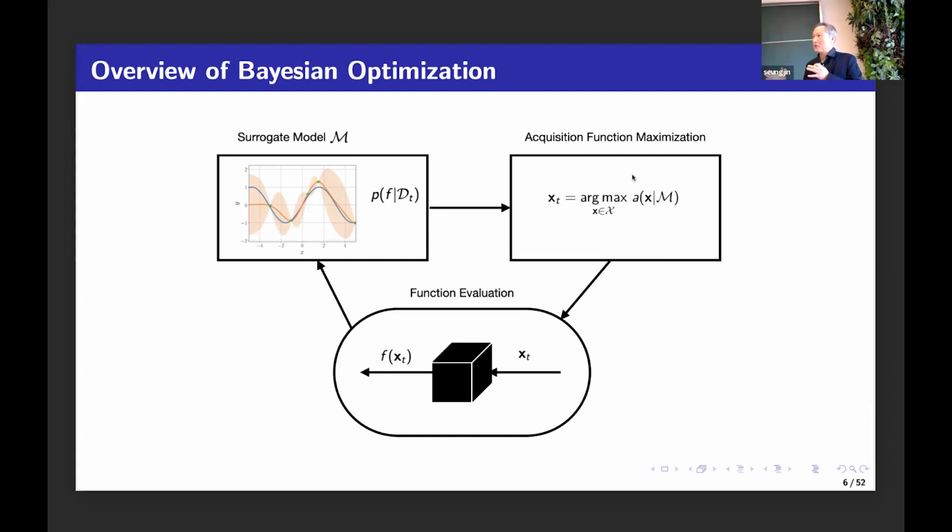So you'd like to solve a black box optimization problem, and inside you run into another numerical optimization problem, which is much easier than the original black box optimization problem, but still you should be able to find the global maximum of these acquisition functions, otherwise the theoretical guarantee doesn't work. I'll get to this point again, and what happens if we apply just a simple local optimizer to the acquisition function maximization.